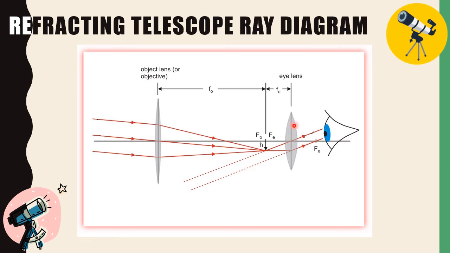Eyepiece is another converging lens. But remember, any object placed at the focus of a converging lens will produce an image at infinity. I repeat, any object placed at the focus of a convex lens produces an image at infinity. So over here you can see FO and FE coincide.